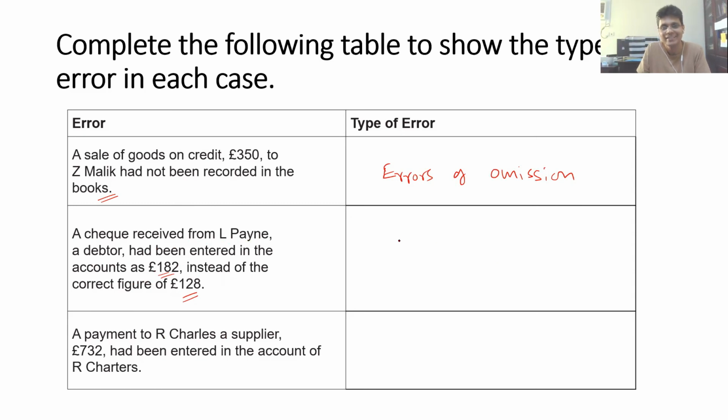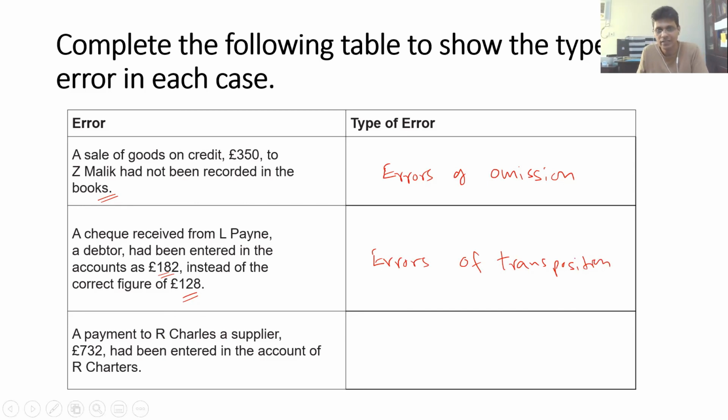Why is it yes, Shanara? Because the numbers are switched, like backwards. Yeah, the sequence is wrong, no? So therefore it is errors of transposition. Check the spelling.